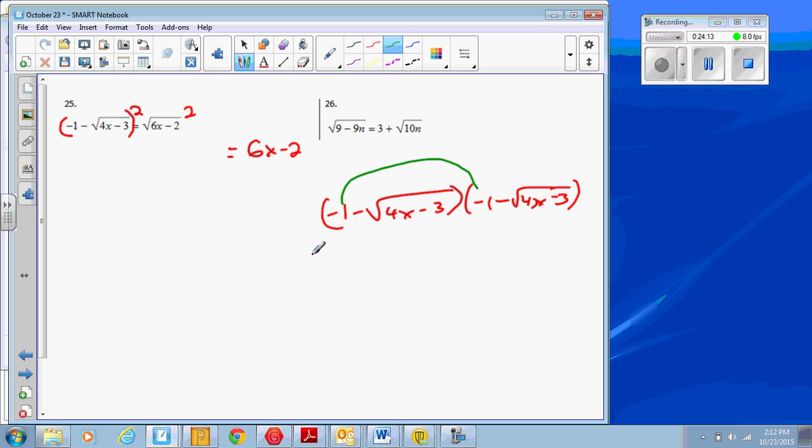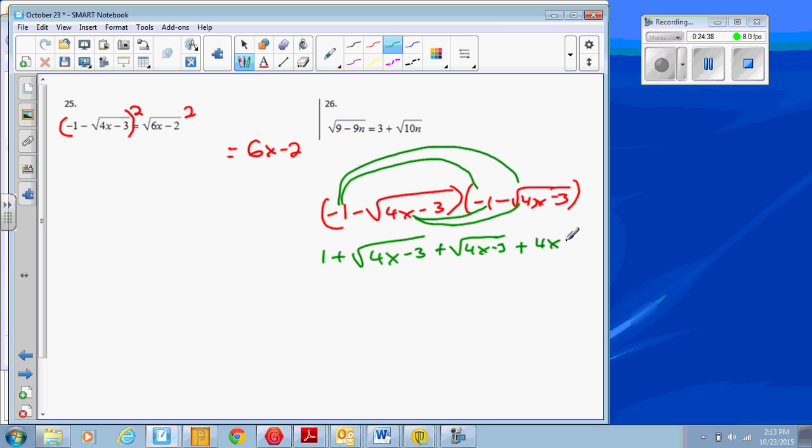Negative 1 times negative 1, that's 1. Negative 1 times negative square root of 4x minus 3 is plus the square root of 4x minus 3. And now we're going to do these two here. That's going to be plus another square root of 4x minus 3. And then the last ones are these two together, the square root of 4x minus 3 times the square root of 4x minus 3, which is 4x minus 3.